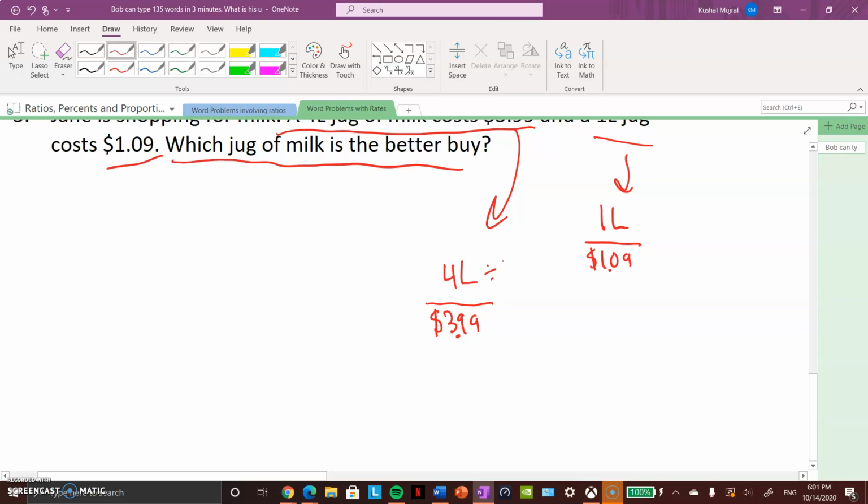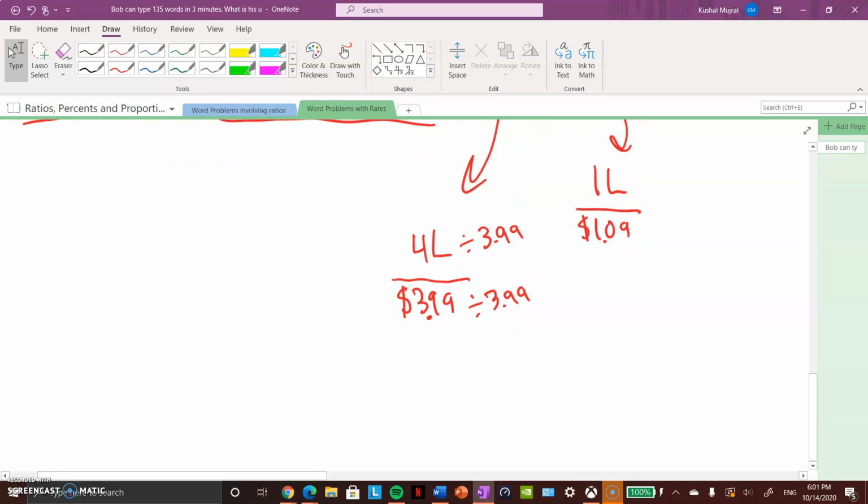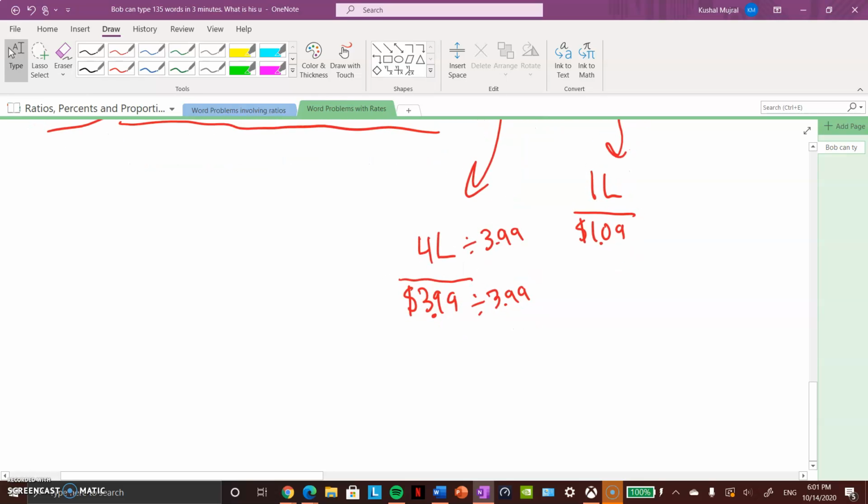Divide the top by 3.99 and the bottom by 3.99 because we want the denominator to be 1. And so this is approximately, so this is how you write approximately, 1 liter per $1. Okay?